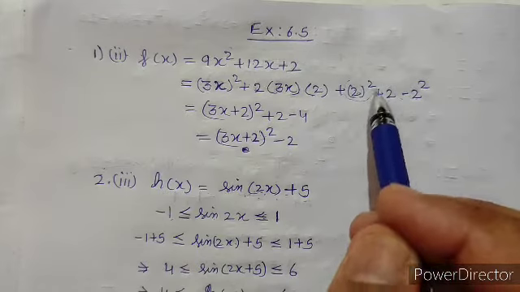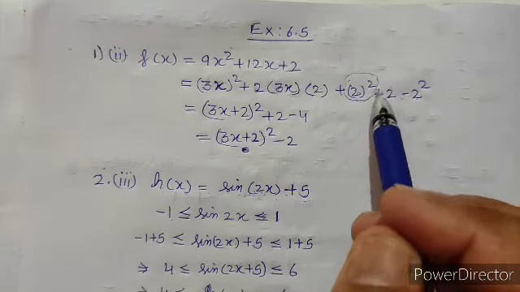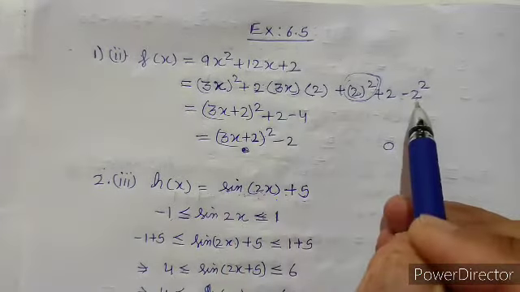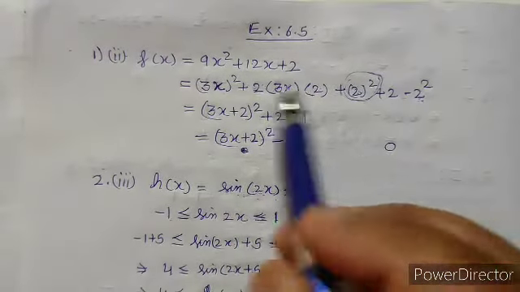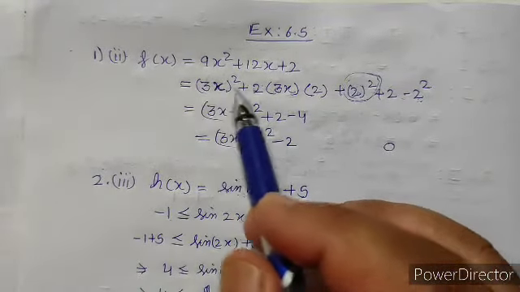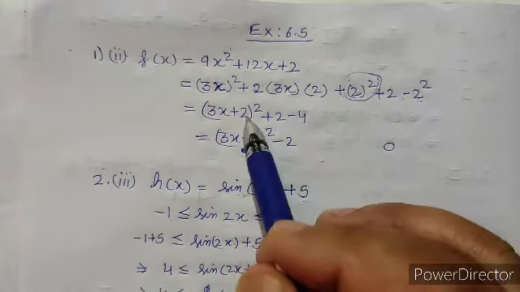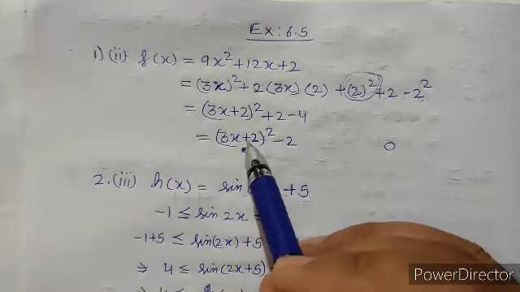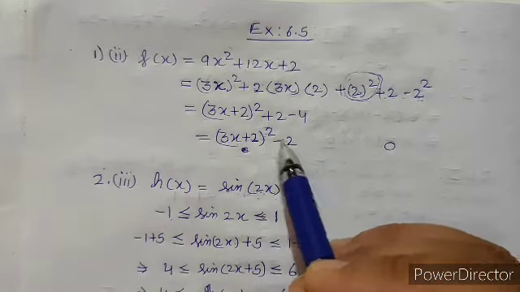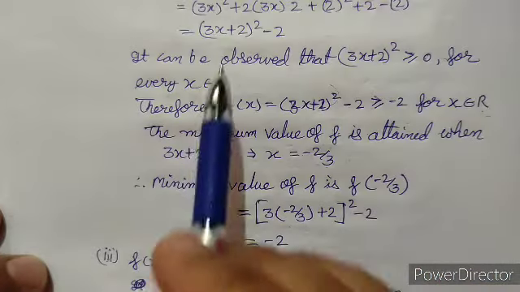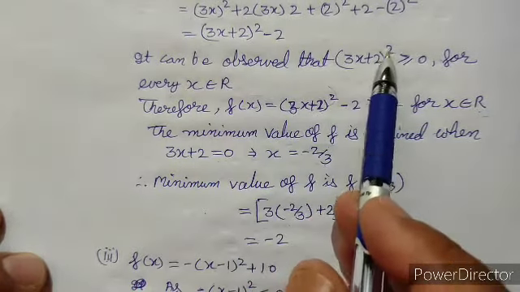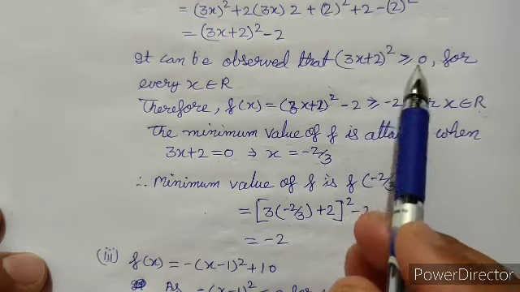Because we have added this 2 square and the value of the function should not change, we subtract this minus 2 square from it. Now this will give us 3x plus 2 whole square plus 2 minus 4, and that will be 3x plus 2 whole square minus 2. It can be observed that 3x plus 2 whole square will be either 0 or greater than 0.